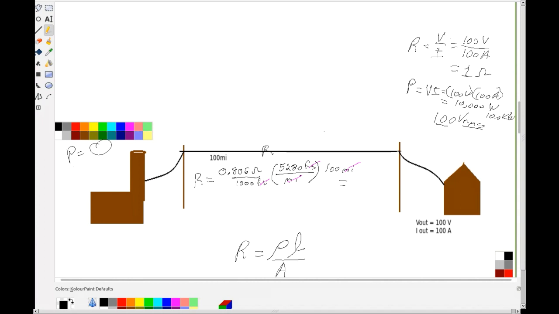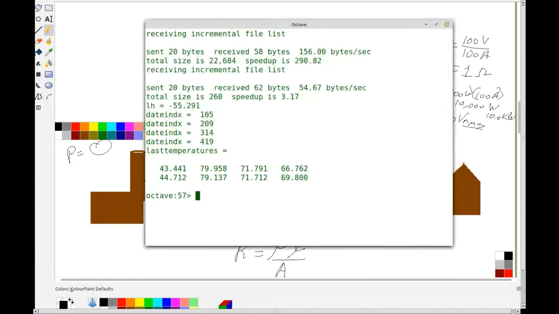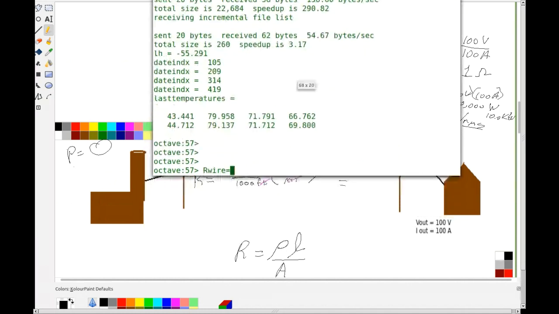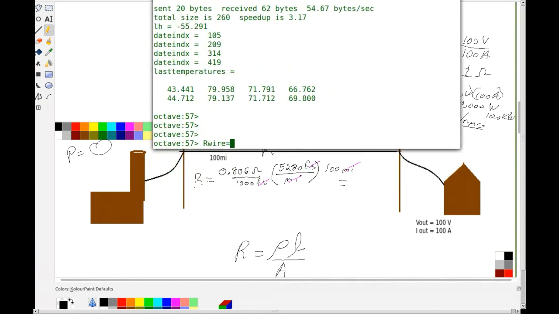So if we calculate that, come over here to my handy dandy Octave calculator. So we have the resistance of the wire to my house here, let me resize it so I can see the equation.